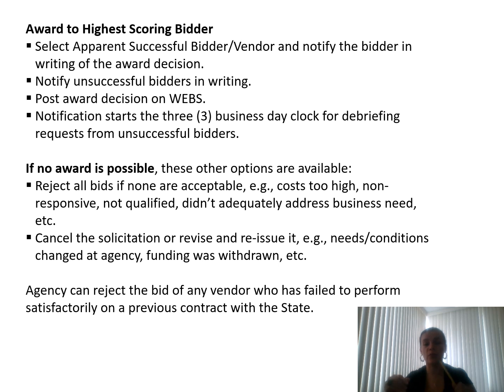Take into account, if you go through that, it's a good point before doing it again to start a lessons learned session to understand what happened and why that process failed, if it's something that needs to be improved inside the company. So at the end, the agency can reject the bid of any vendor who has failed to perform satisfactorily in a previous contract with the state.